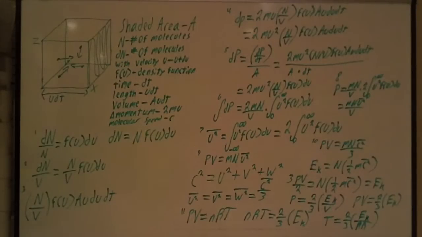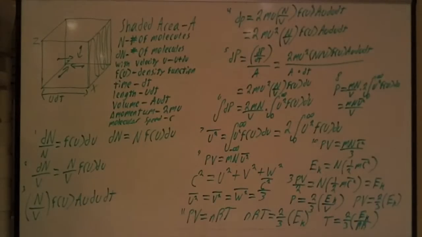Let us consider the situation shown here, where we have a certain n number of molecules and a volume adjacent to a wall with an area A. Each of these molecules has a random velocity, but we need to be concerned with those molecules with a specific velocity.